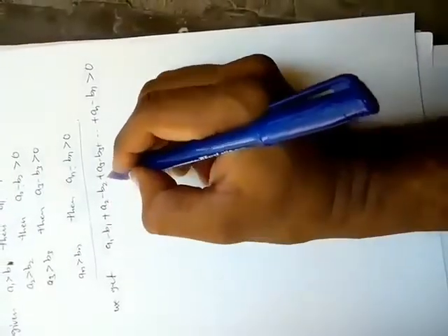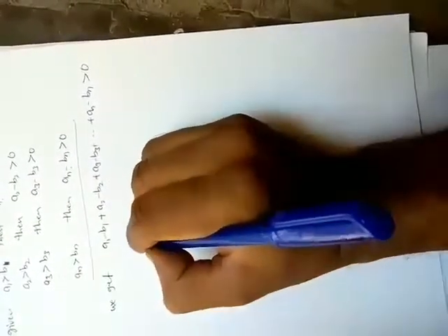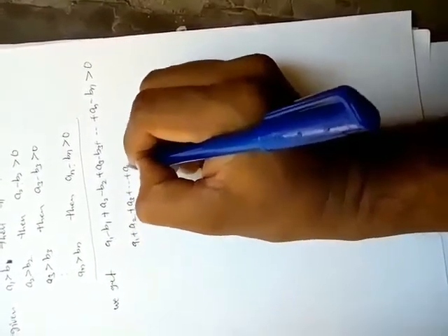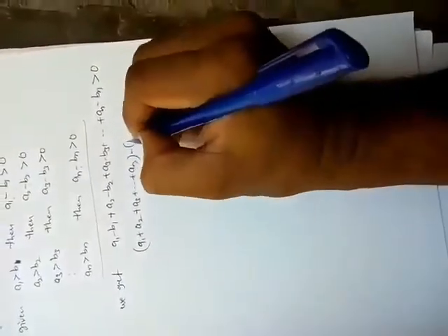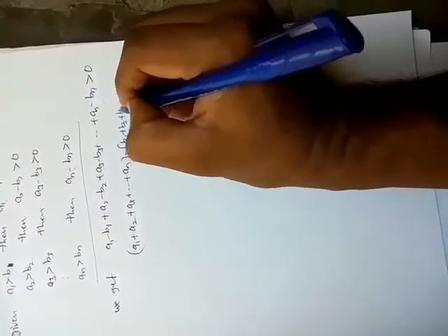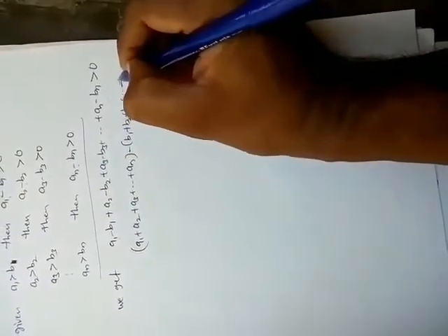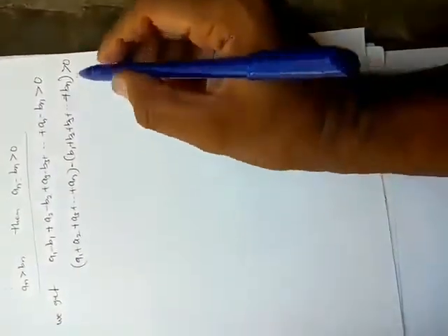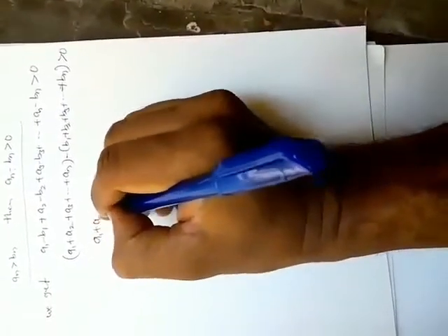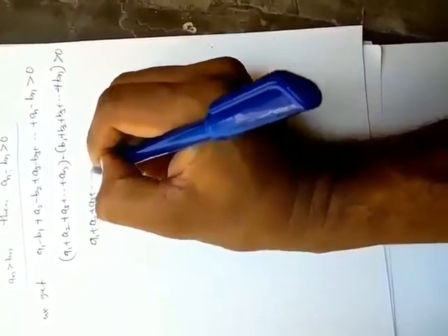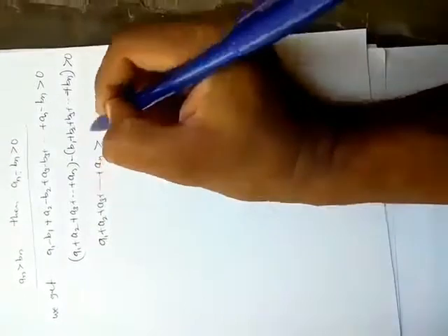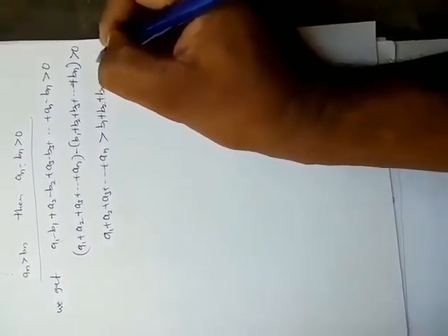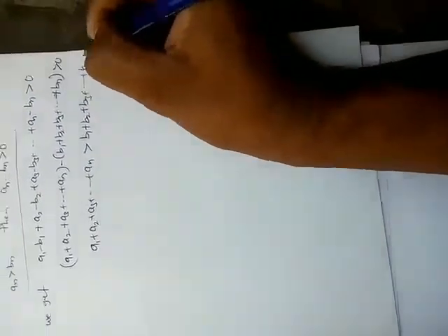So grouping a1, a2 terms and b1, b2 terms, a1 plus a2 plus a3 plus so on, an minus of b1 plus b2 plus b3 plus so on, bn is greater than 0. So transposing this term, a1 plus a2 plus a3 plus so on, an is greater than b1 plus b2 plus b3 plus so on, bn.